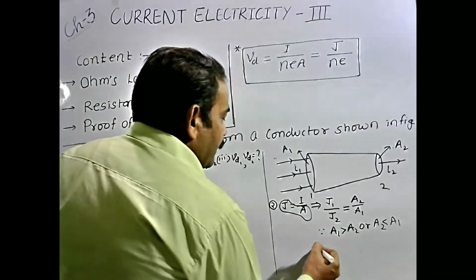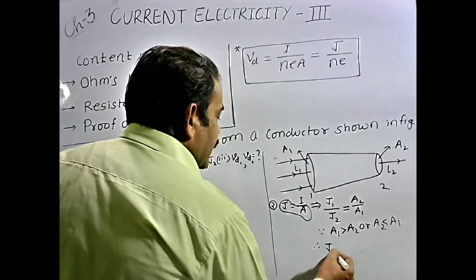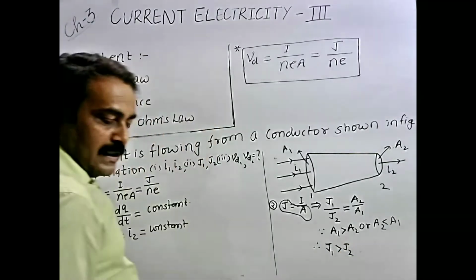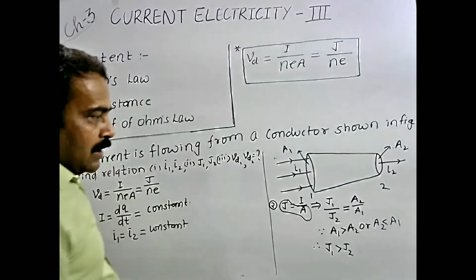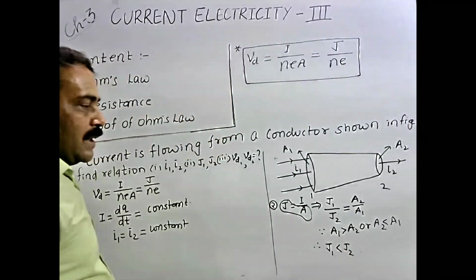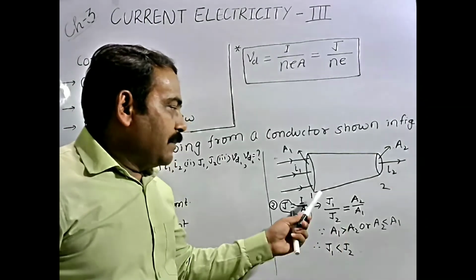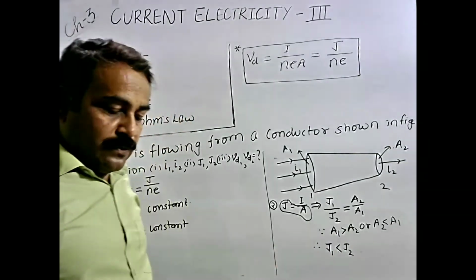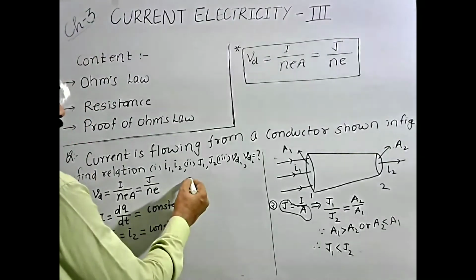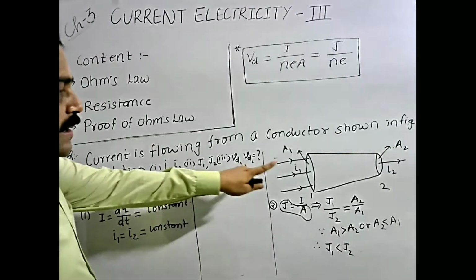So from above relation we can say that the current density J1 is greater than current density J2. Sorry, current density J1 is less than J2 because A2 is less than A1, therefore J1 is less than J2.